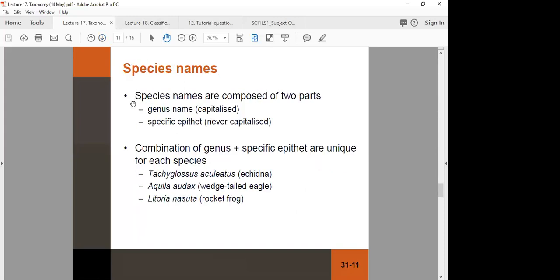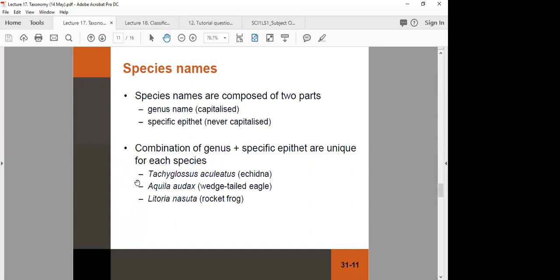All right, so we've seen that species names are composed of two parts, the genus name, which is always capitalized, and the specific epithet, which is always in lowercase. That combination of the genus and the specific epithet within a species name is unique for each individual species.